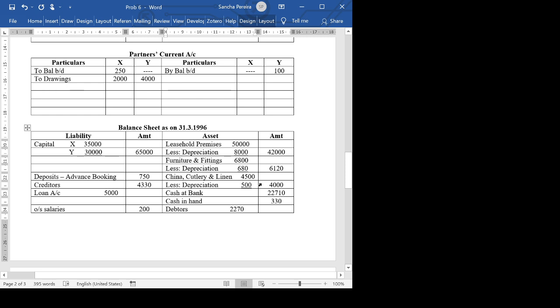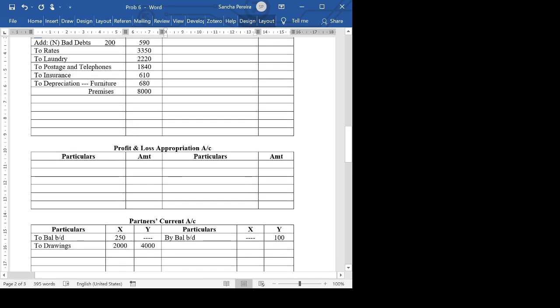In China cutlery, the actual value was 4,500, but the new value is 4,000. So the difference is a depreciation, which is 500 rupees. So here we have China cutlery and linen, 500 rupees.